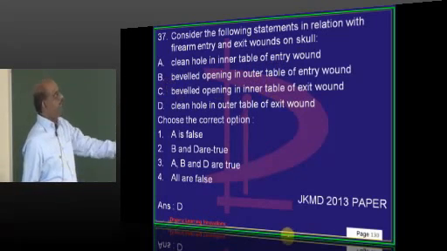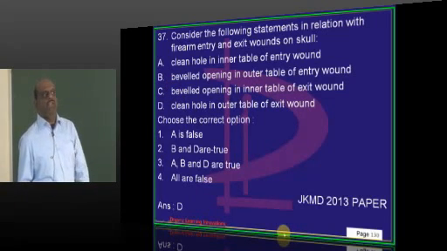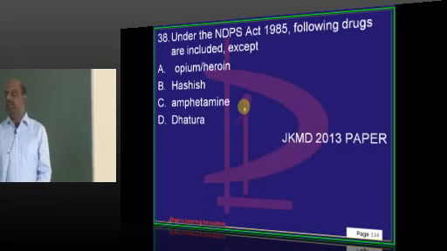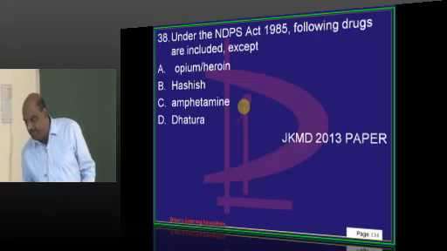So that's the reason all the four statements are wrong. One of the excellent questions framed in the JKMD paper, which can be a repeat, which is possible in the forthcoming entrance exam.